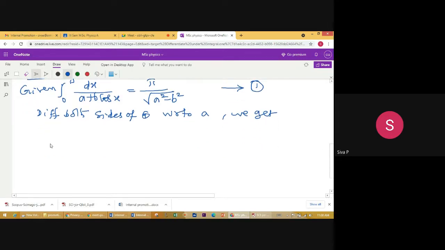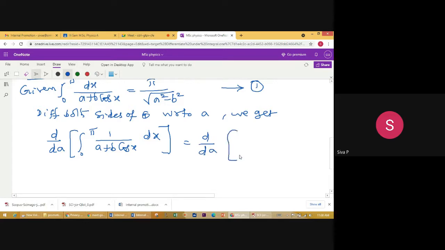With respect to a, d by da of the integral over 0 to pi of 1 by a plus b cos x dx is equal to d by da of pi by square root of a square minus b square.